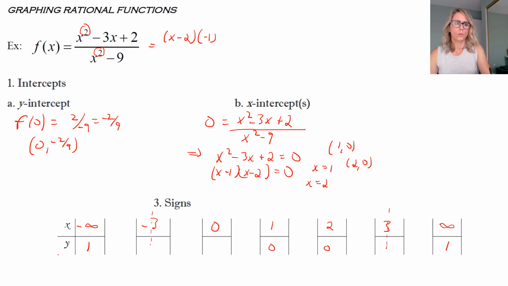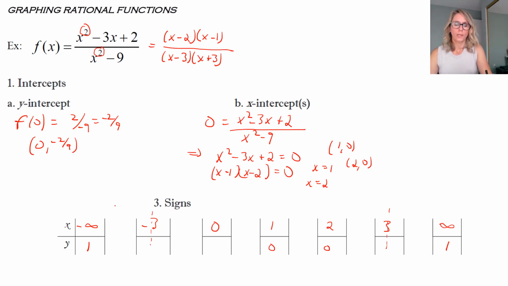So I am going to write this in its factored form, just because I feel like that's going to be easier for me, because all I care about is positive or negative. So I can just think about, do I have a positive or negative value coming out of this interval? And then that will help me determine whether I'm above or below the x-axis.